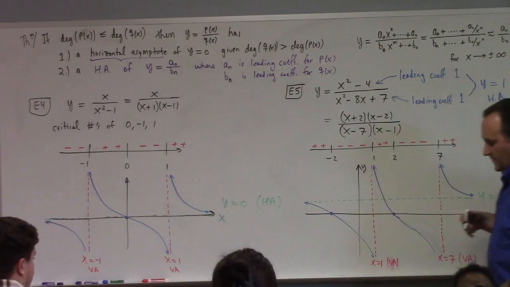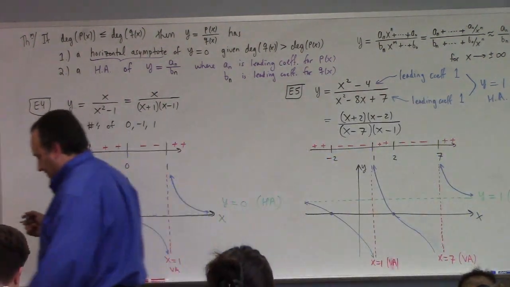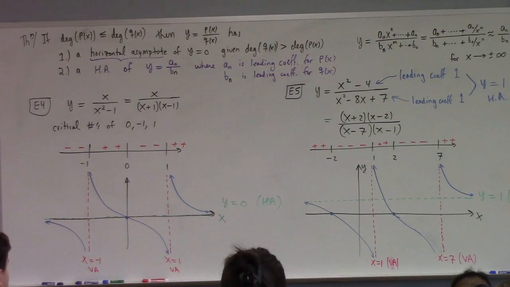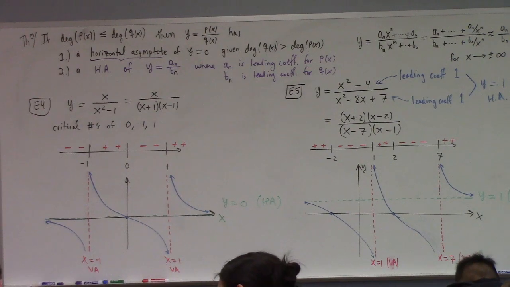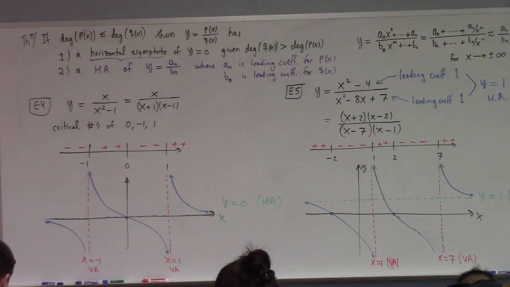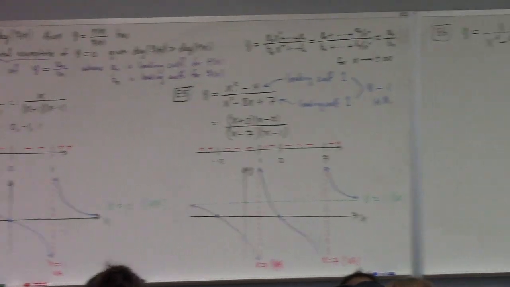Okay, that should be fine. Let's try to graph this. Now this one's going to have a new feature we haven't seen yet. Something different's going to happen with this one that we haven't quite run into just yet, but we'll get it.